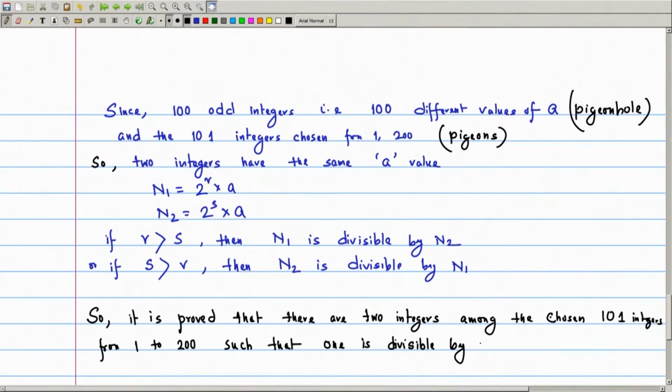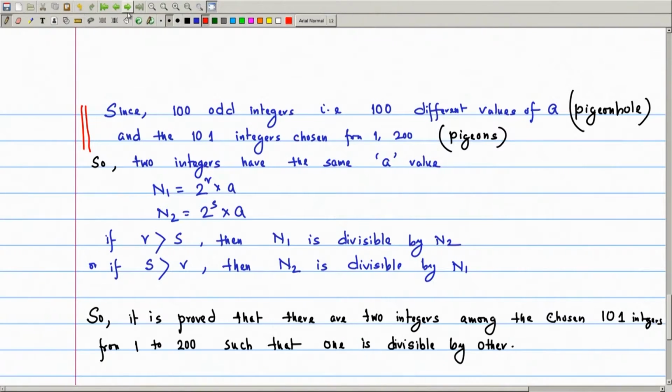And we have applied the pigeonhole principle. So, this is one class of numerical problems that we can solve using the pigeonhole principle.